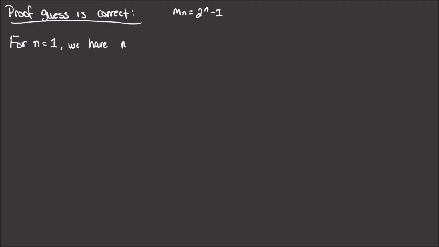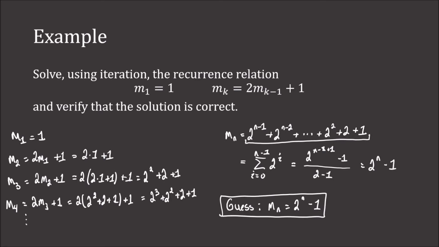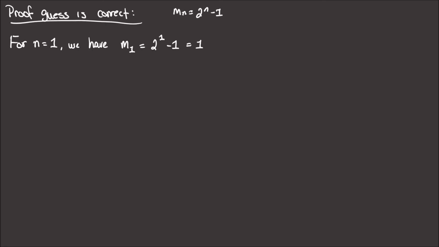So m sub 1 would equal 2 to the first power minus 1, which equals 1, and we check that. That is indeed what m sub 1 should equal. Therefore, the base case holds. So this guess is correct, at least for the first case, for m sub 1.